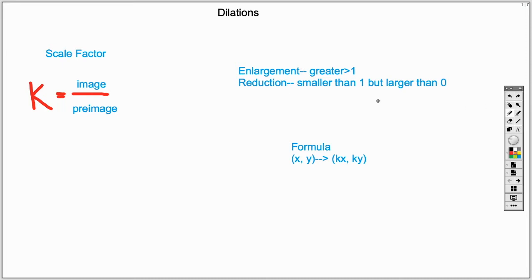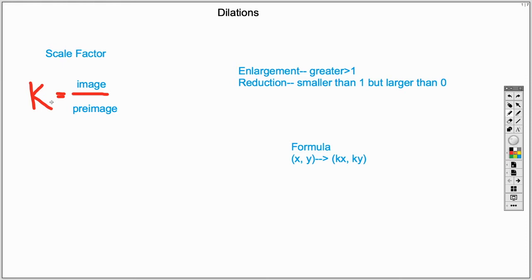An enlargement is if its scale factor is greater than 1, meaning that since the scale factor is greater than 1, the image will get larger. So it will be dilated in a larger way. Whereas if the scale factor is smaller than 1 but larger than 0, then the image would be dilated smaller, right? The image would shrink.